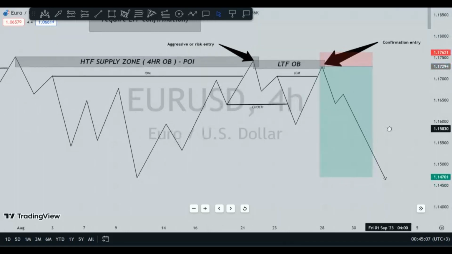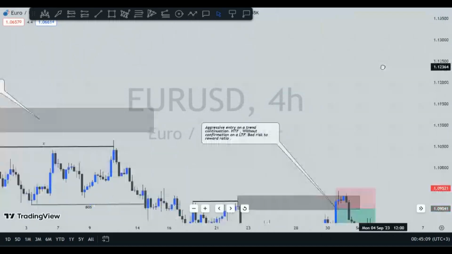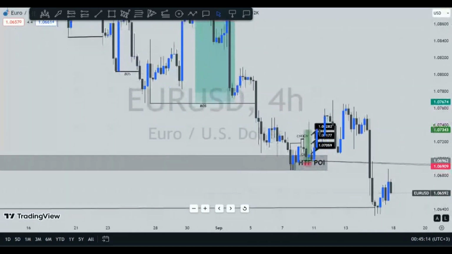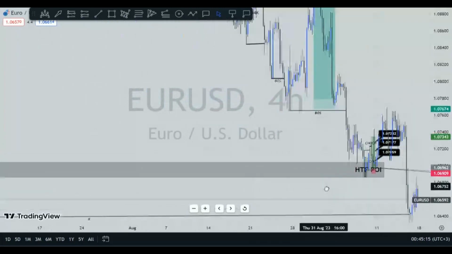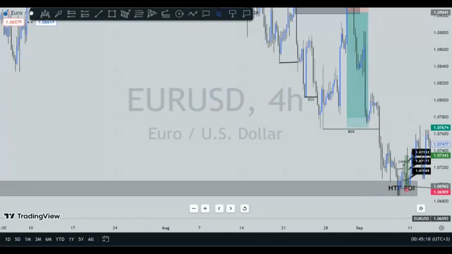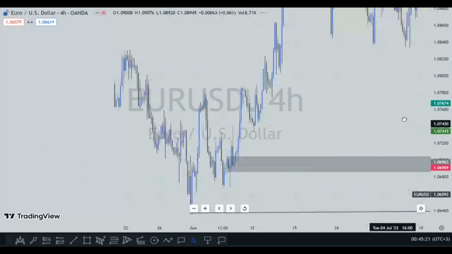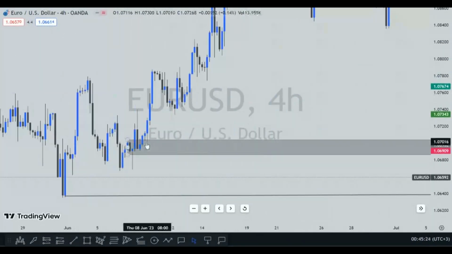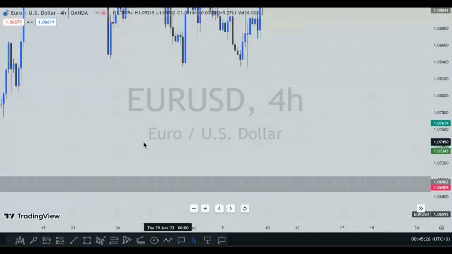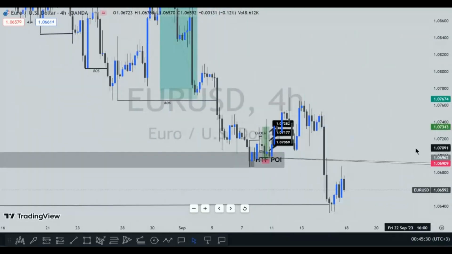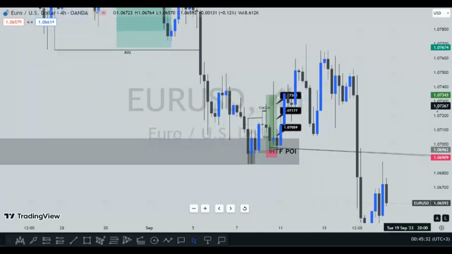So, an example of a confirmation entry on the chart, let me show you. As you can see here, we are on the 4 hour time frame. I marked out this POI on a higher time frame, which is 4 hour.